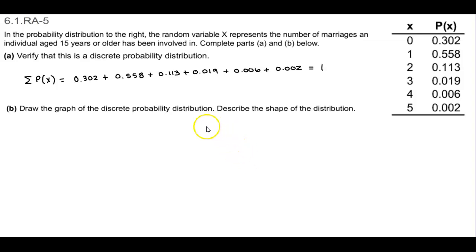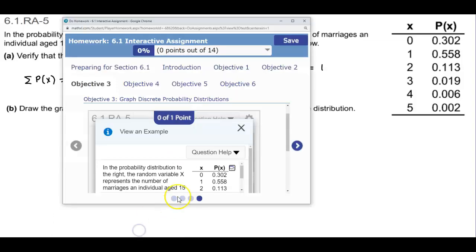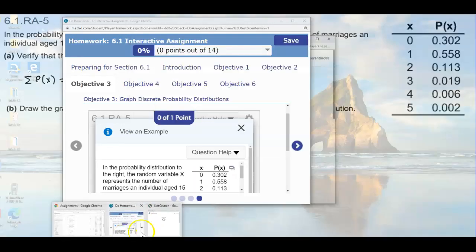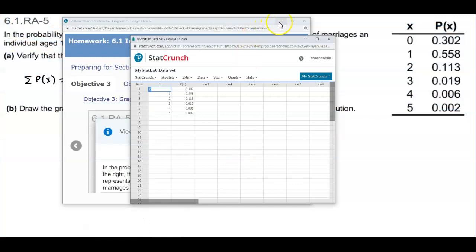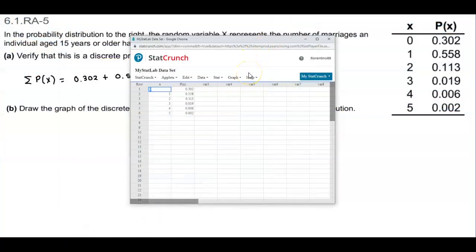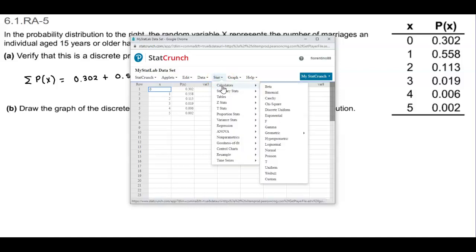So let's take a look at how we would do this on StatCrunch. We open up the data here in StatCrunch. Here's our data. In order to graph this as a discrete probability distribution, we go to Stat, and right below Stat we see Calculator, and we go all the way down to Custom.